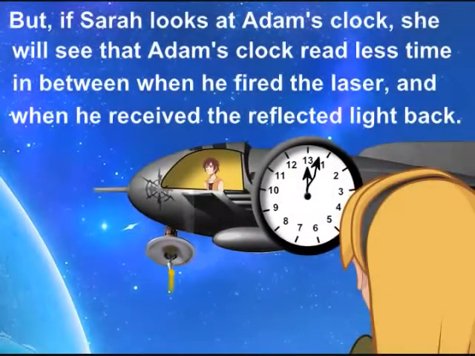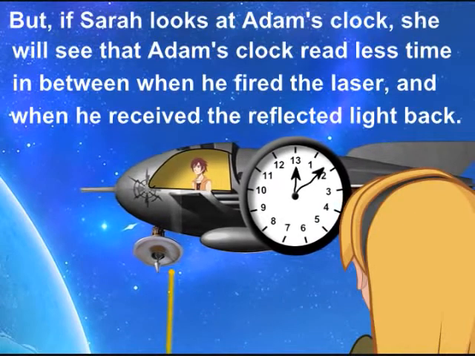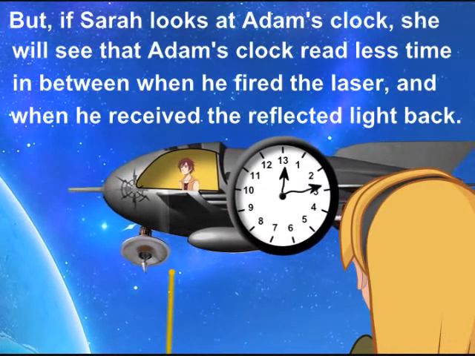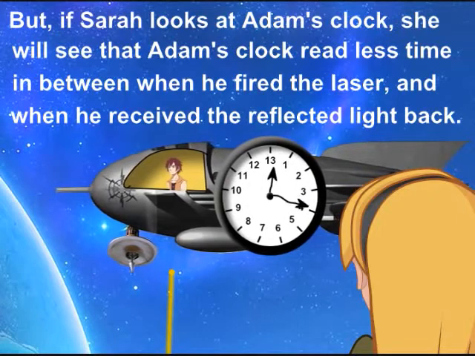But if Sarah looks at Adam's clock, she will see that his clock reads less time in between when he fired the laser and when he received the reflected light back.